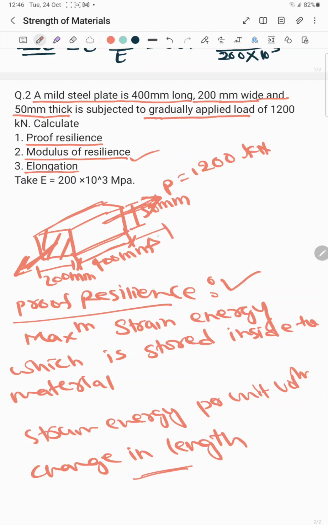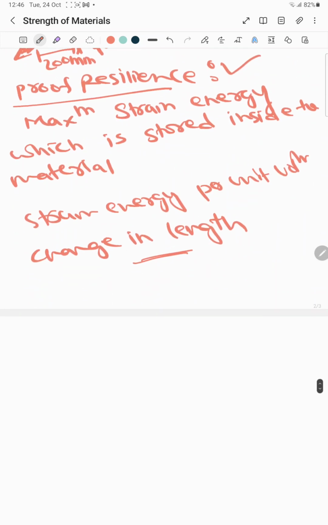This change in length, delta L, is the elongation. E, the modulus of elasticity, is given as 200 into 10 to the power 3 megapascal. Now I will solve the problem.